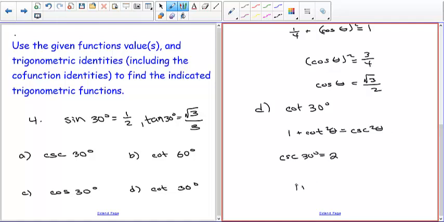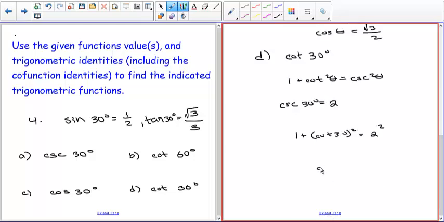So I get 1 plus the cotangent of 30. I can put in 30. And again, I'm going to rewrite this cotangent squared as cotangent quantity squared. This is just how the notation works. And then you have cosecant squared, so you get 2 squared.